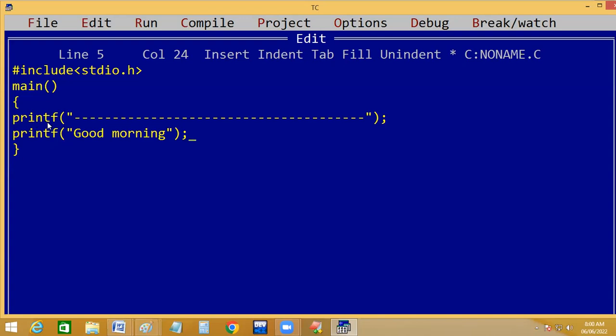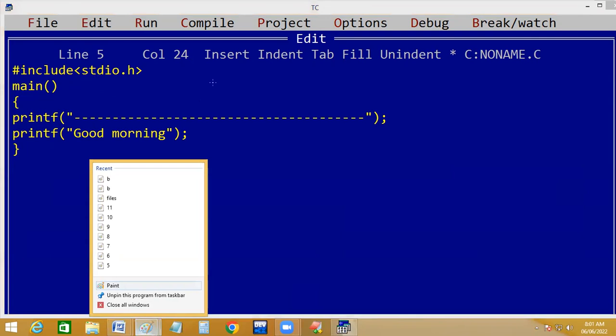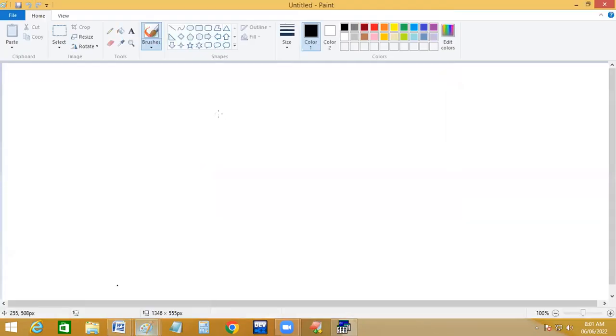And remember, when printf is there, it is compulsory to use stdio.h. Everyone listen carefully. Why? Because when printf is there, stdio.h is required. Okay, no problem, I'm going to explain that also. Now just tell me guys, what does it look like? Enough, tell me.